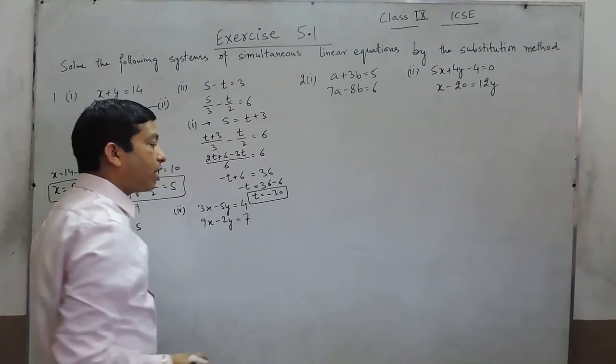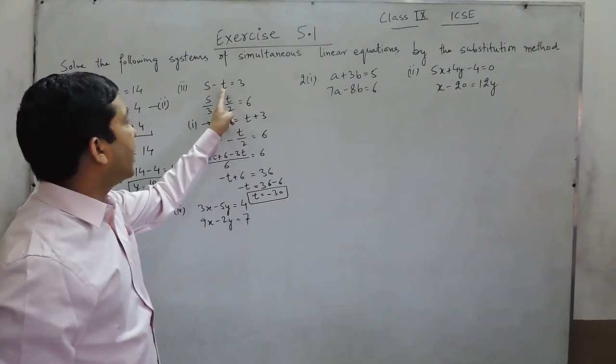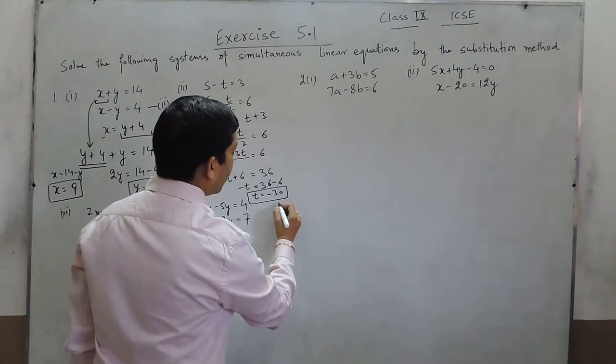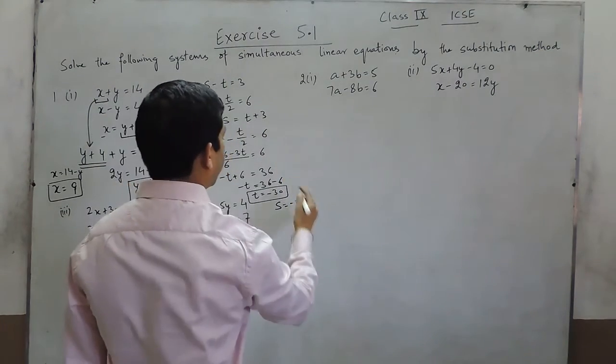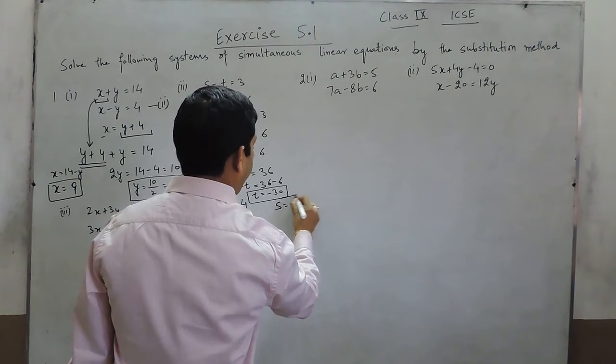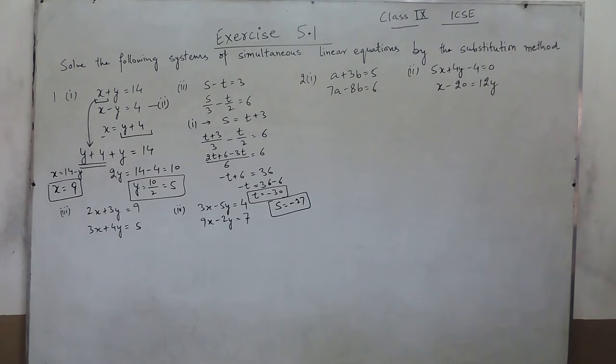So we have understood the value of t as minus 30, and if we put the value of t into the first equation, s will come out to be minus 27. So these are the two values which we have solved by the substitution method.